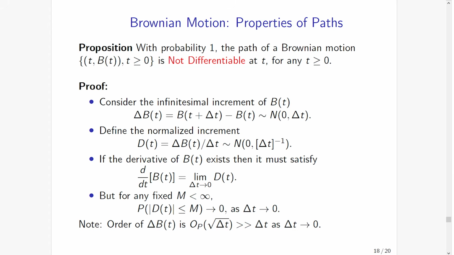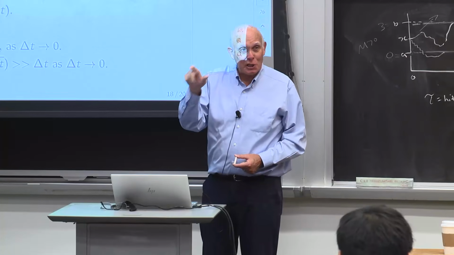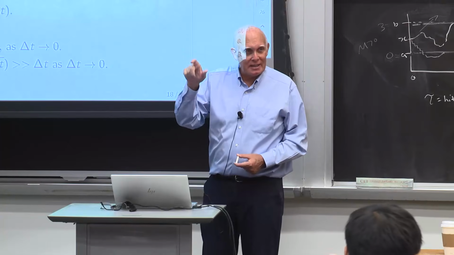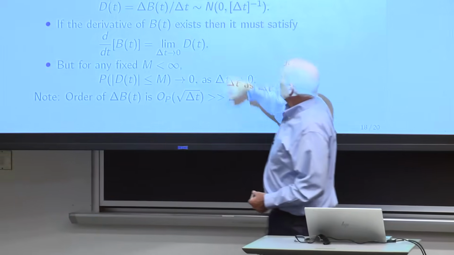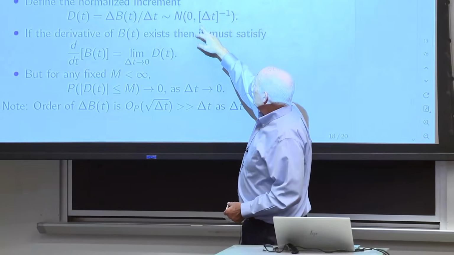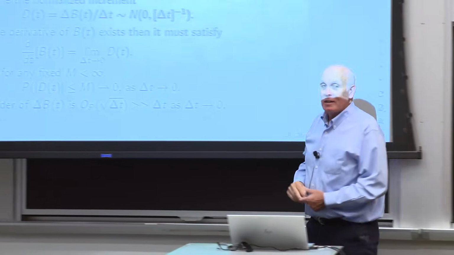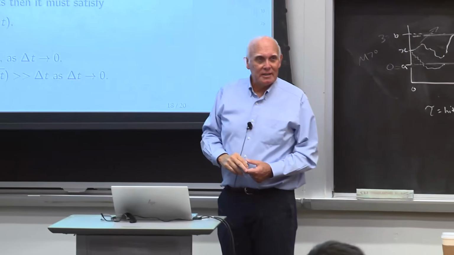If we look at the increment of the Brownian motion from t to t plus delta t, which is normal with mean 0 and variance delta t, and we normalize the increment by delta t, so we're trying to look at the approximate slope between t and t plus delta t, then that has a normal distribution with mean 0, but variance 1 over delta t.